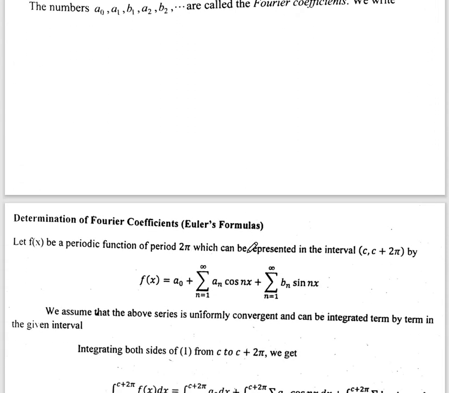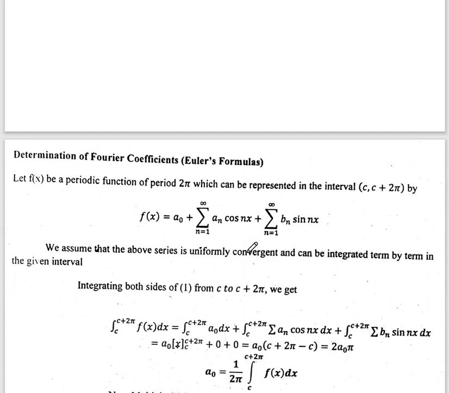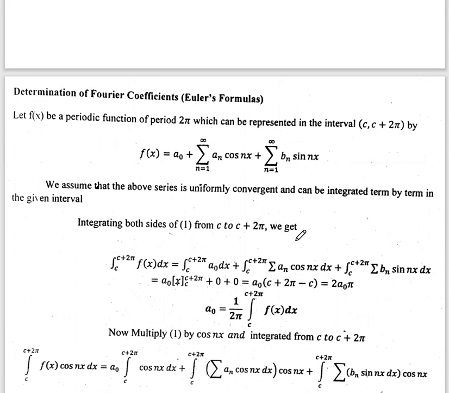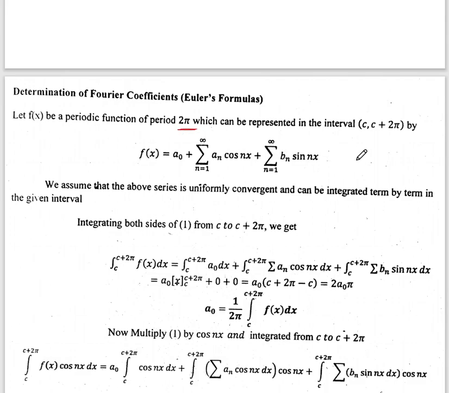Now we will see the determination of the Fourier coefficients, Euler's formula. We have already seen in the definition the interval with period 2L. Here we will see, let f of x be a periodic function of period 2 pi, which can be represented in the interval c to c plus 2 pi.